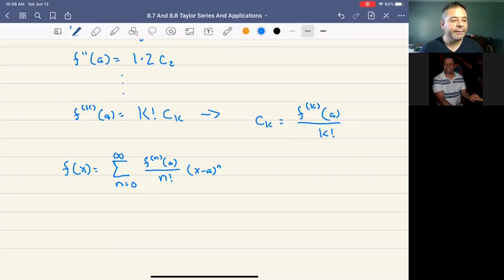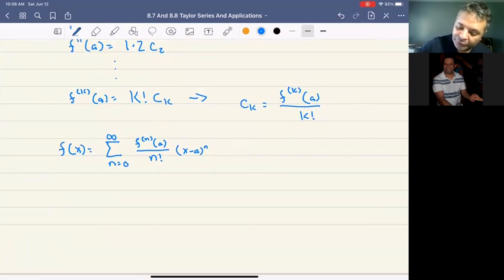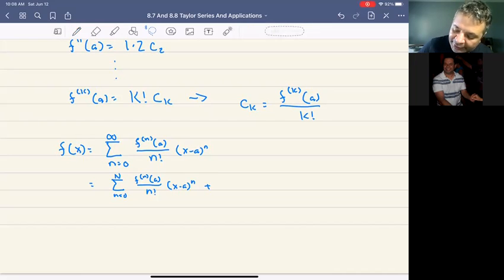Okay, now we can take it up to a certain point. So what we can do is take the sum, n goes from 0 to, let's say, some capital N, of f sup n of a over n factorial times (x minus a) to the n, plus we can take the tail. Let me write it down again.